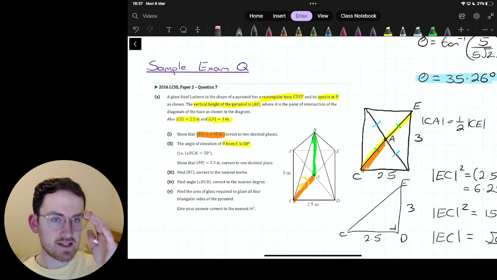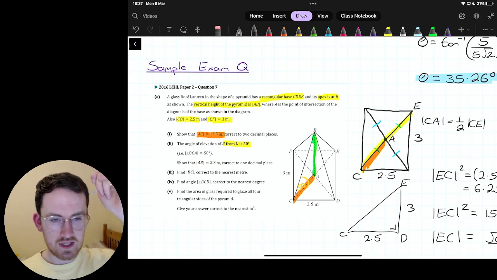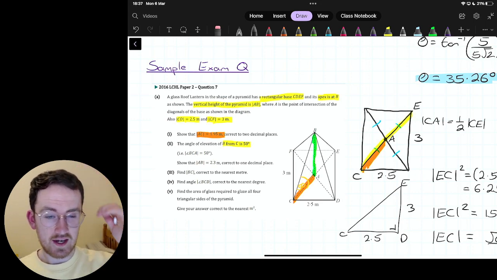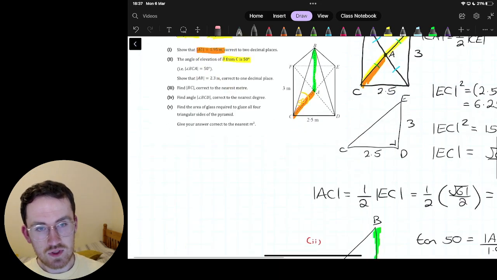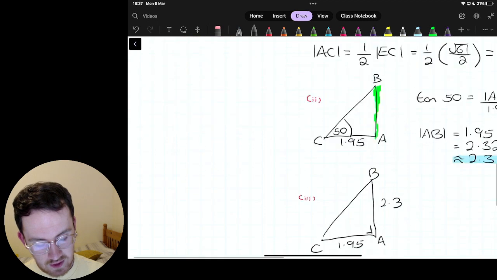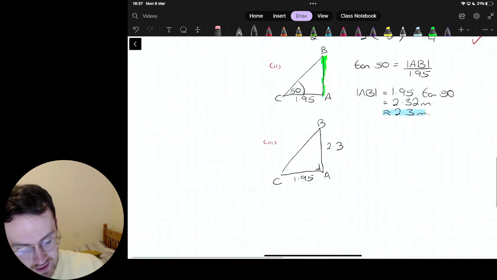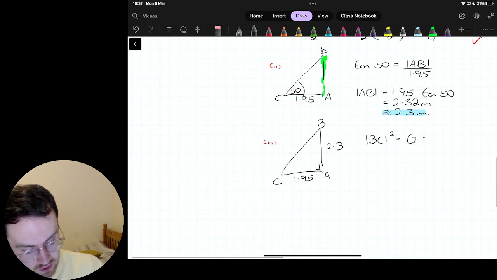The apex is the high point of the pyramid, and that's going to be directly over the middle point where the diagonals intersect at the bottom. So it's important that we recognize that that will be a right angle. Because it is a right angle, it means that we can use Pythagoras' theorem. So 2.3 squared plus 1.95 squared. And we continue on as normal, as we've done.